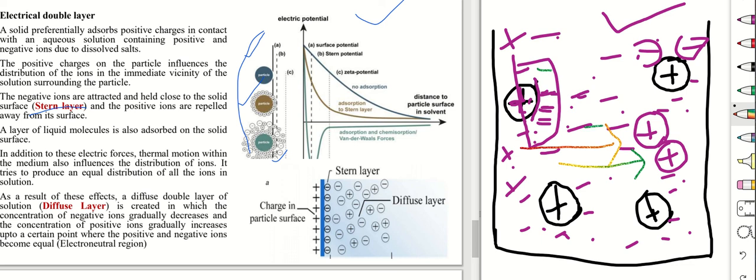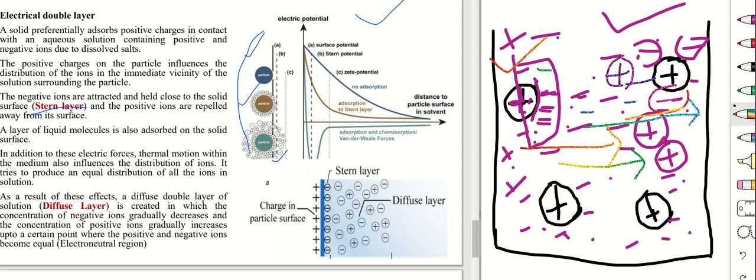Now, as we move further away from one particle, we are considering only one drug particle, the distribution of ions gets diffused. Here there will be more negatively charged ions, and as we move away from the particle, there will be some diffusion of ions, not tightly bound.